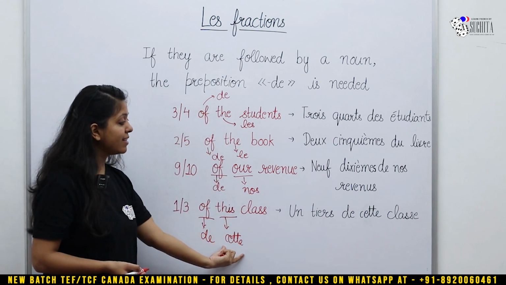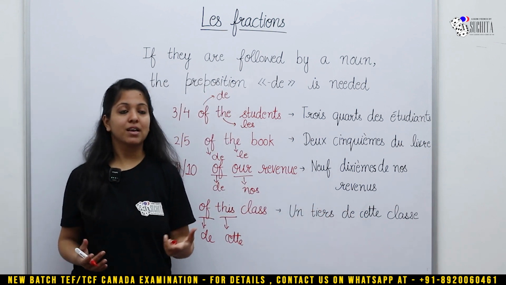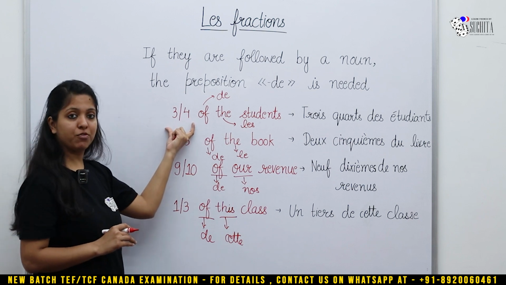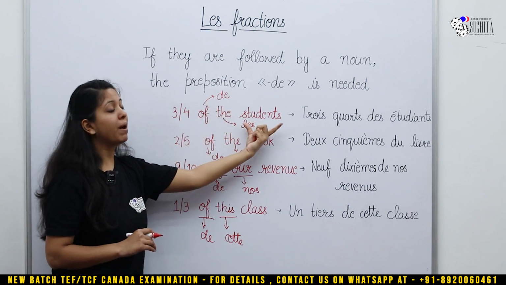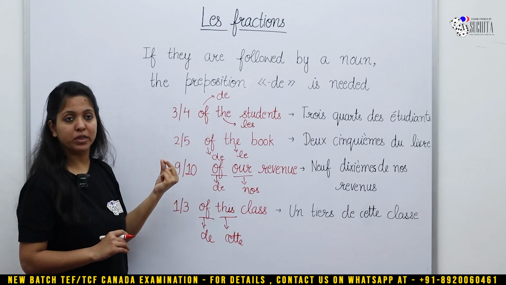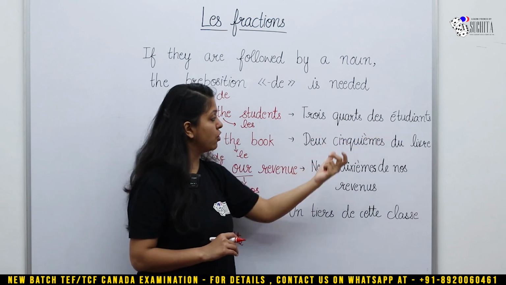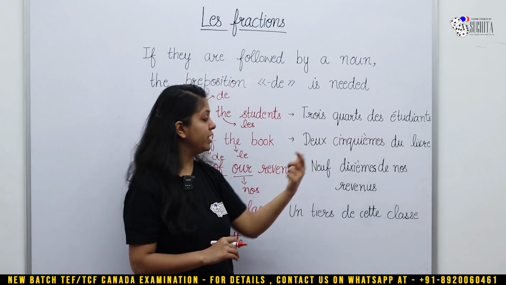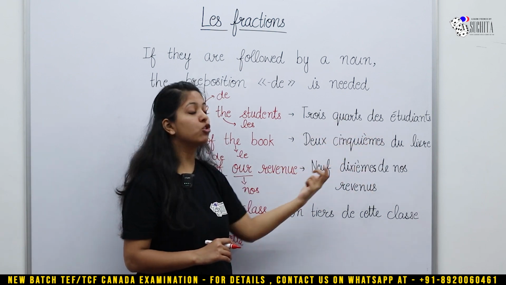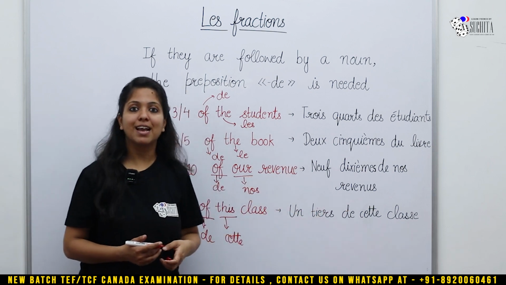So, de cette classe. Un tiers de cette classe. I repeat, if there is a fraction which is followed by a noun, you have to write the preposition de in between. So, 3/4 des étudiants, 2/5 du livre, 9/10 de nos revenus, et finalement 1/3 de cette classe.